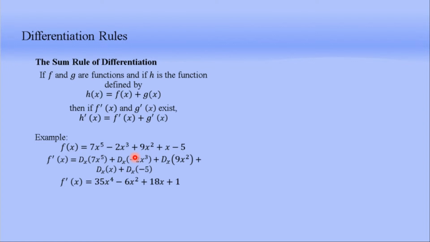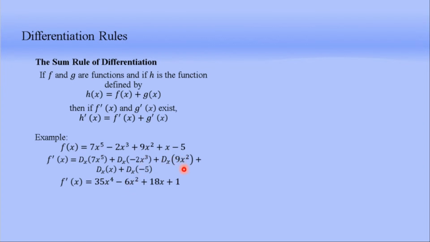Then for the second term, negative 2x cubed, the same as the previous term. We're going to multiply negative 2 and 3. So negative 2 times 3 is negative 6, and we minus 1 from the exponent or the power. So the derivative of negative 2x cubed is negative 6x squared.